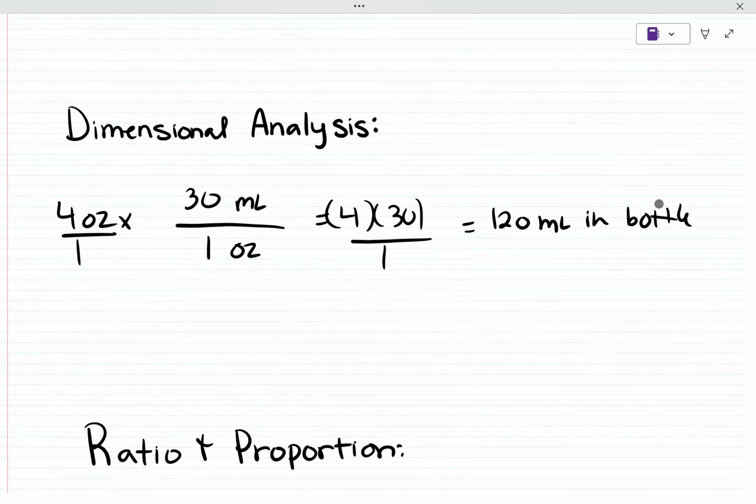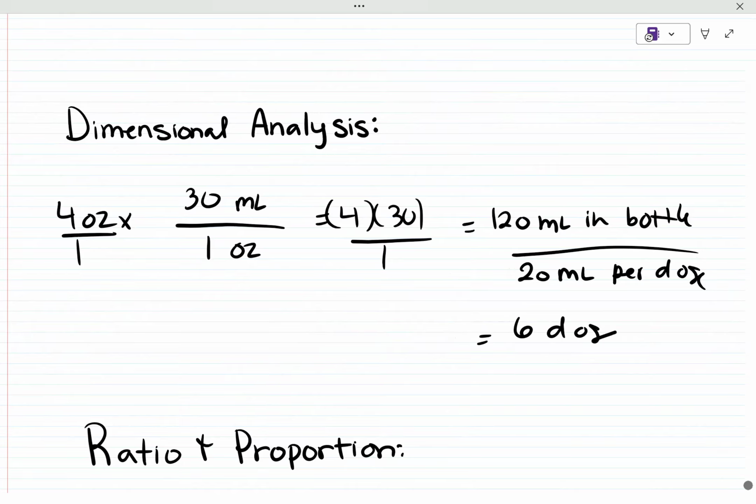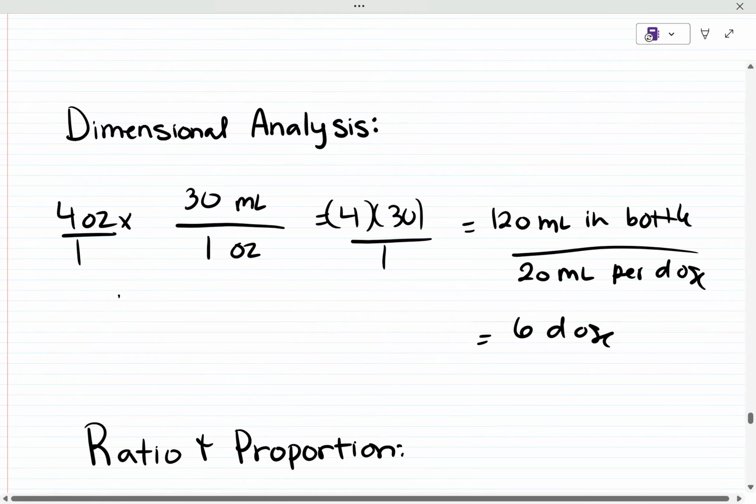Then divide that by 20 milliliters per dose. That gives us 6 doses. You should know that 1 ounce is 30 milliliters.